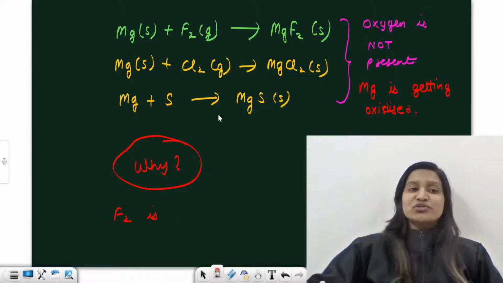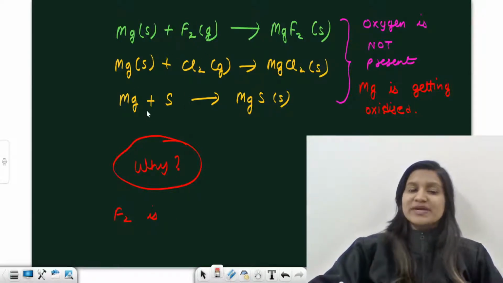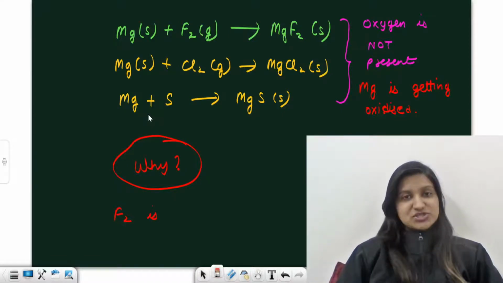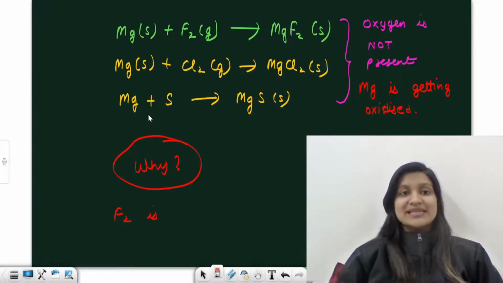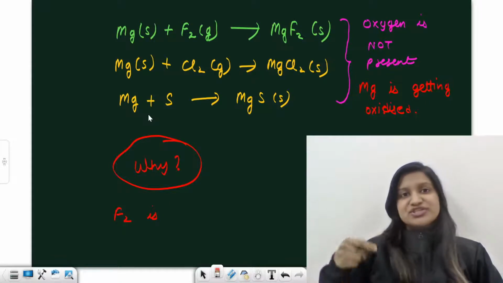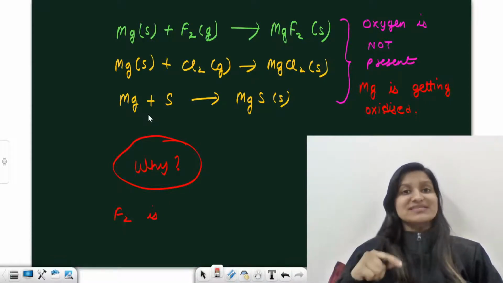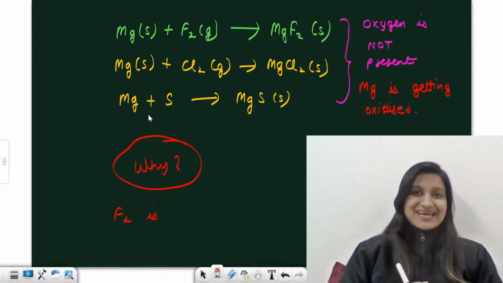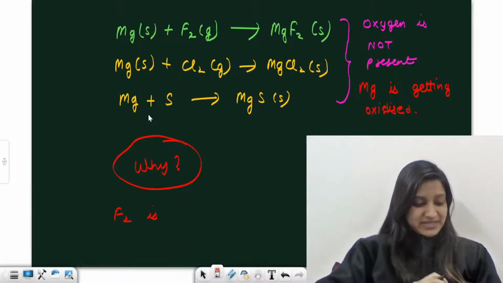I told you that when we added fluorine, chlorine, and sulfur to magnesium, even this is called oxidation because you are adding an electronegative element to magnesium. So, for oxidation to occur, it is not necessary that oxygen should be present. It might seem a bit strange, but it happens this way. Okay, that's how we say.